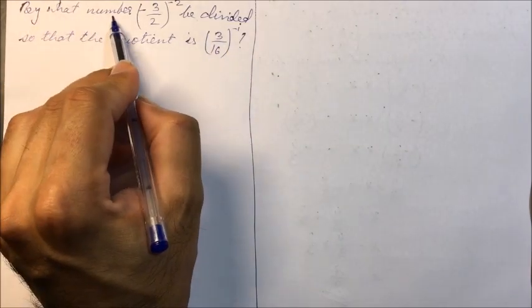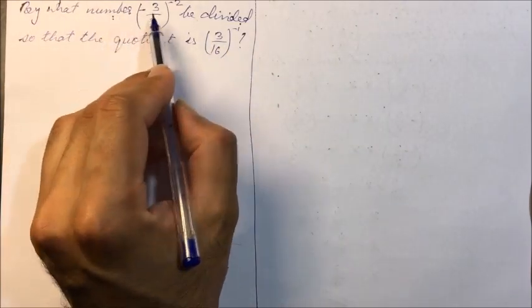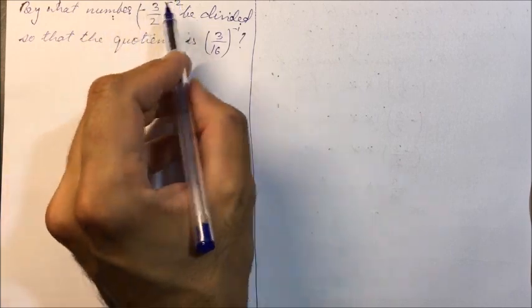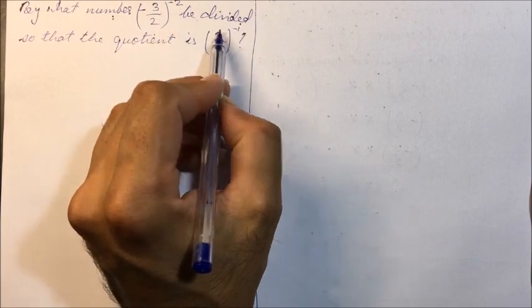So we have to find a number by which this must be divided, and the answer, the quotient, is this one.